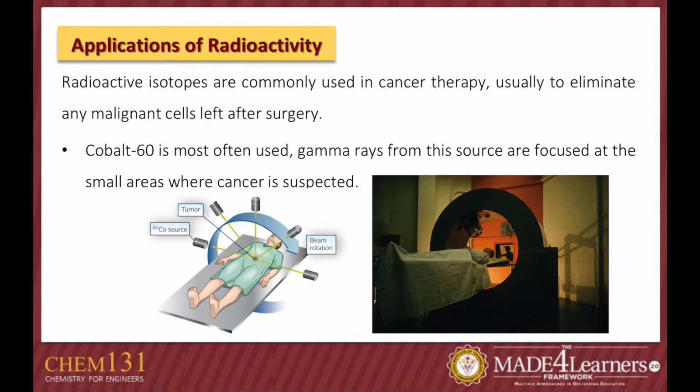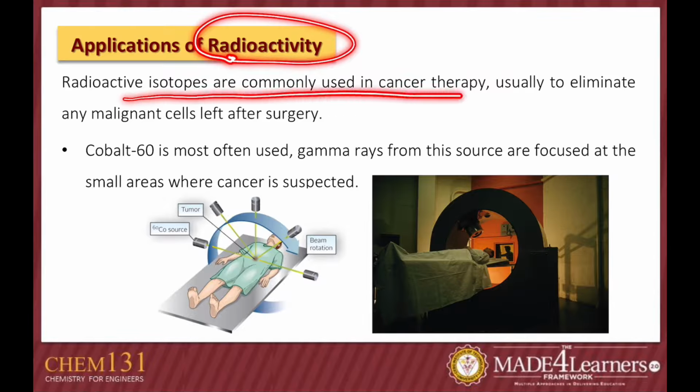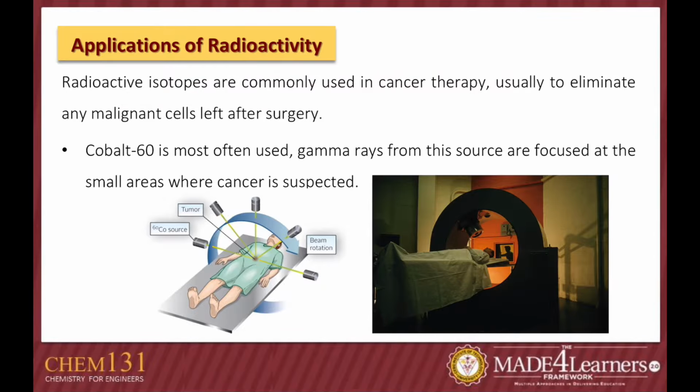So what are the applications of radioactivity? We think that radioactivity is just harmful, no? Its effect is bad. But actually, there are many uses of radioactivity. Radioactive isotopes are commonly used in cancer therapy, usually to eliminate any malignant cells left after surgery. When a cancer patient can no longer be managed with chemo sessions, they undergo radiation.